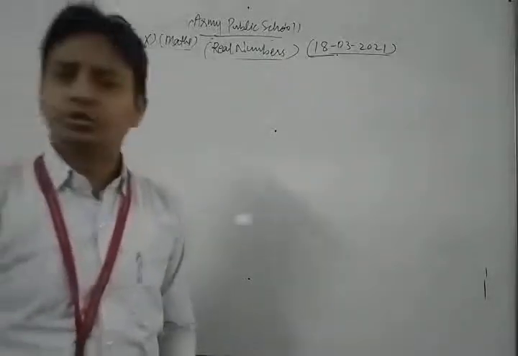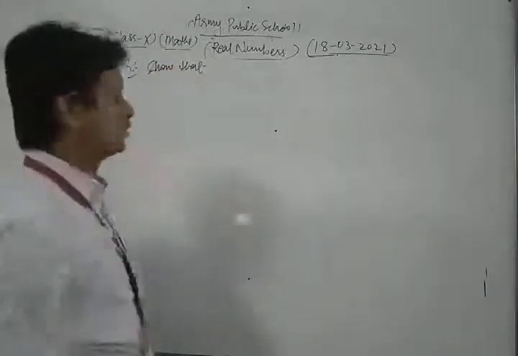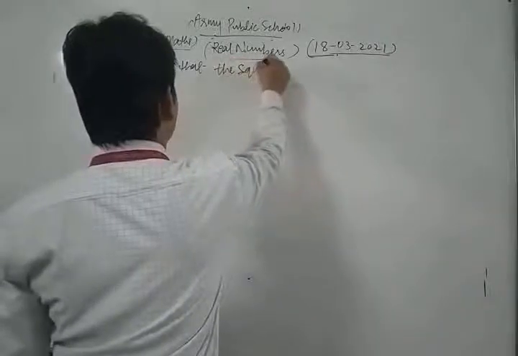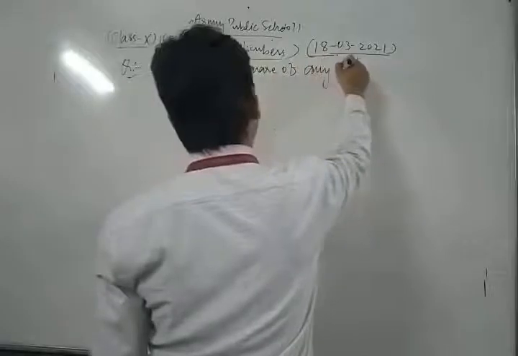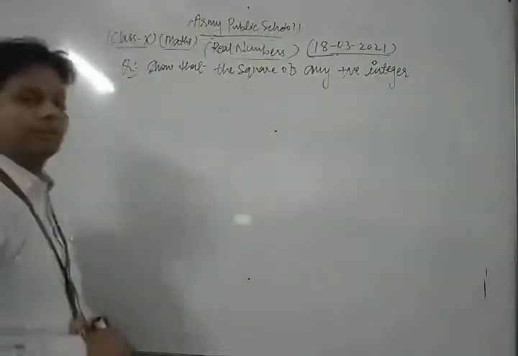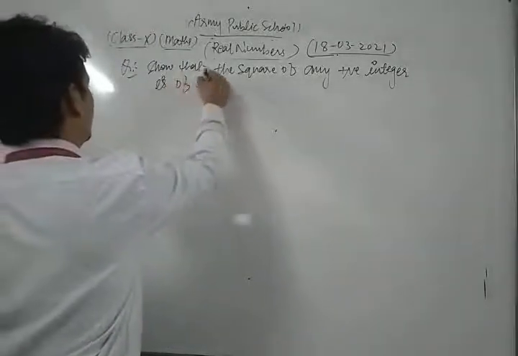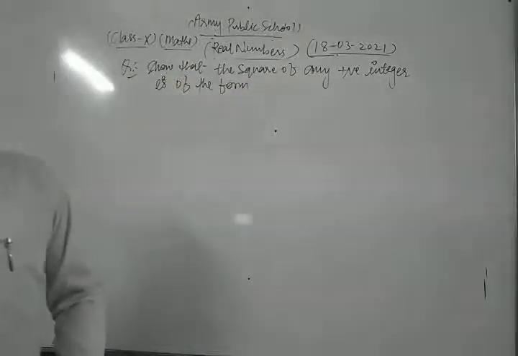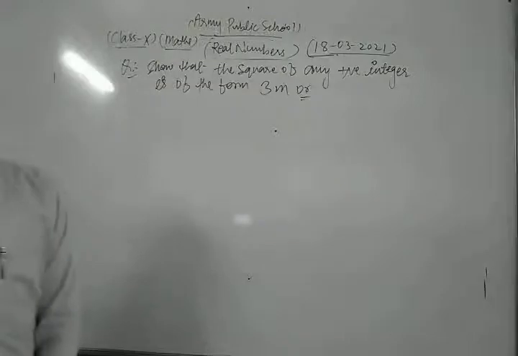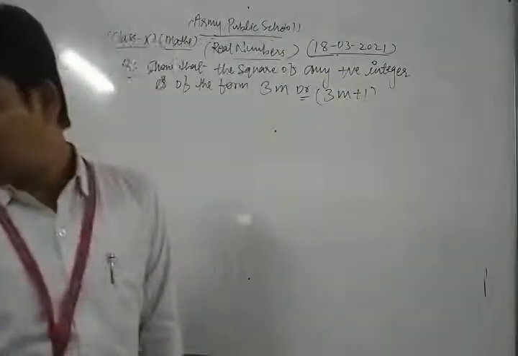Now the question is, show that the square of any positive integer is of the form 3m or 3m plus 1 for some integer m.